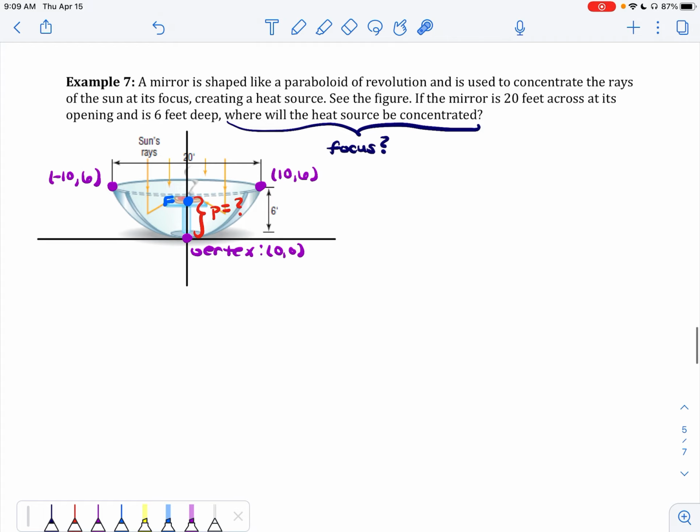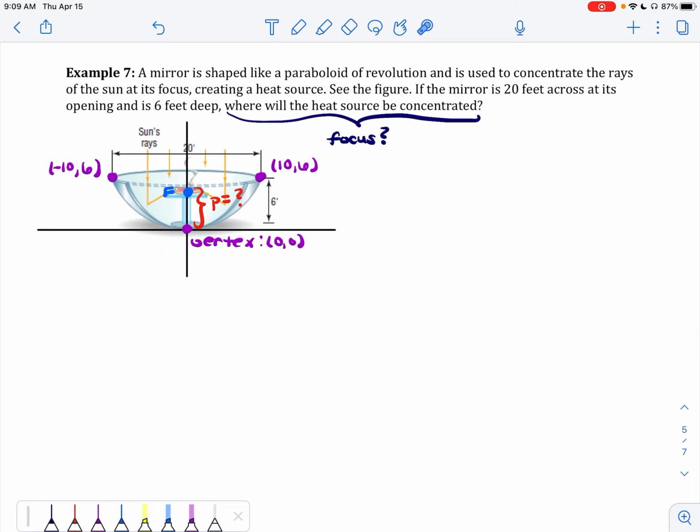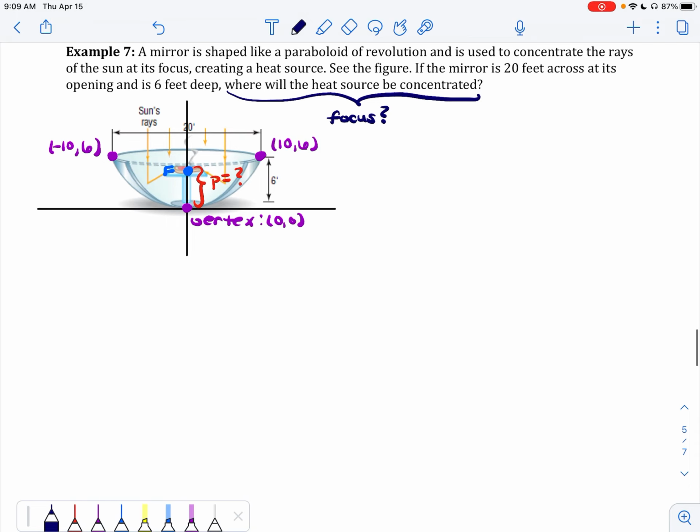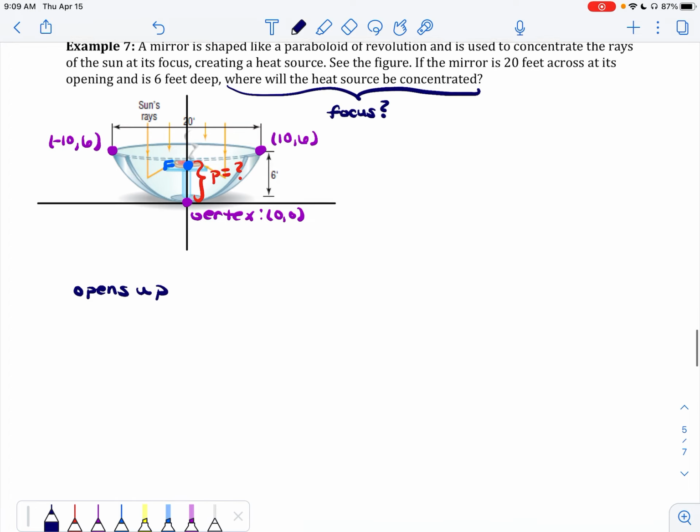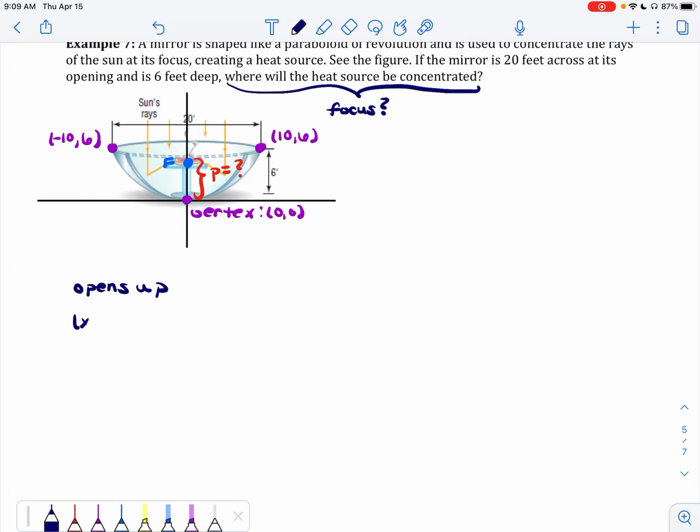So we said we're placing our vertex at the origin for simplicity, and the way that we have this sketched out, our parabola is opening up. So the parabola opens up, which means that we're dealing with the equation (x minus h) squared is equal to 4p times (y minus k).